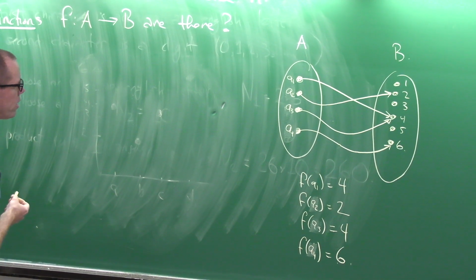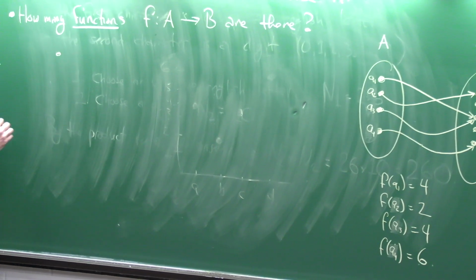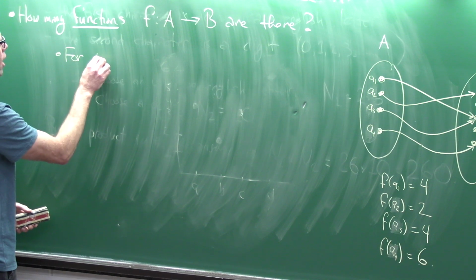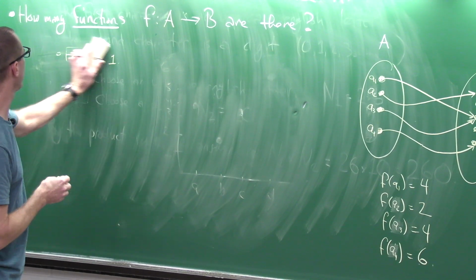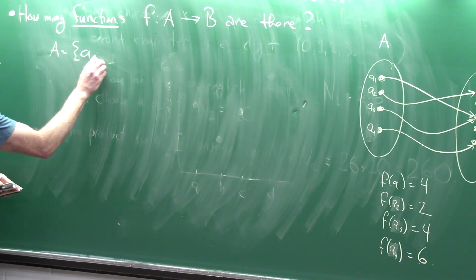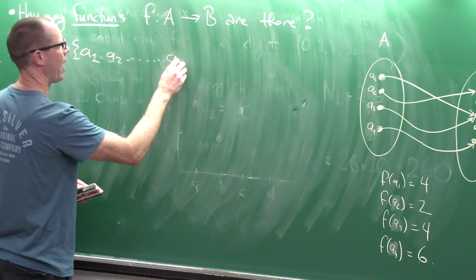Exactly. So in terms of a procedure, the answer is n to the m, and that's because of the following procedure. Now we're calling A, we'll give its elements names, A1, A2, up to AM.